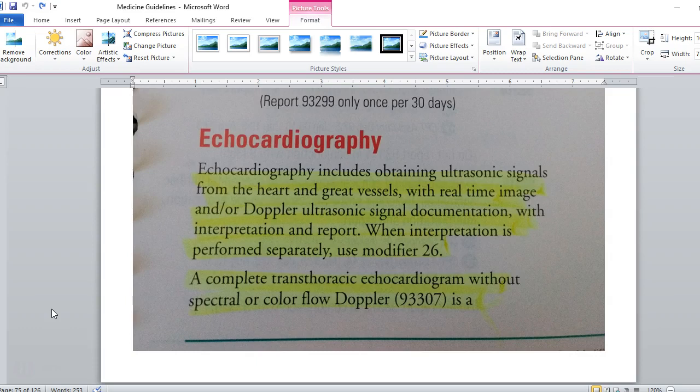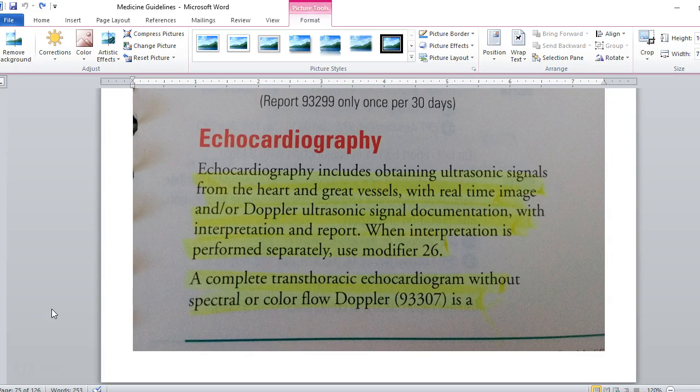And so, again, what we're doing here is we're obtaining ultrasonic signals from the heart and great vessels. So this is going to include the aorta and the vena cava with real-time images and or Doppler ultrasonic signal documentation with interpretation and report. Okay, so usually the whole shebang is done. But when just the interpretation is performed separately, use modifier 26.